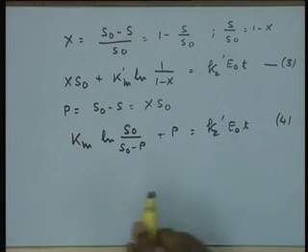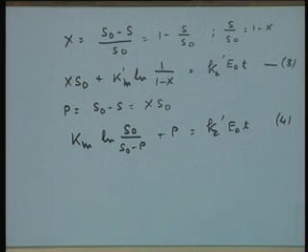Now, if you look at these equations, you can use the reactor performance data of a batch reactor. That means you take a single batch performance data, that means take the fractional conversion at different times of reaction.